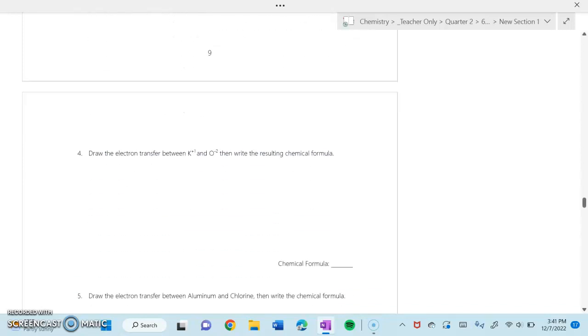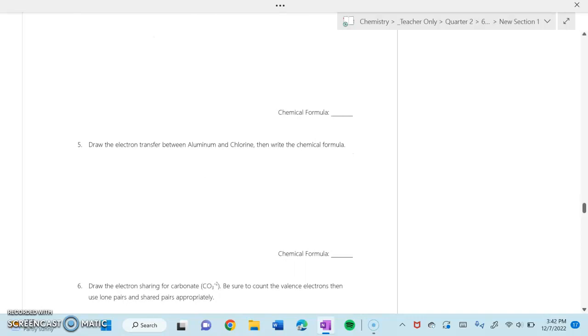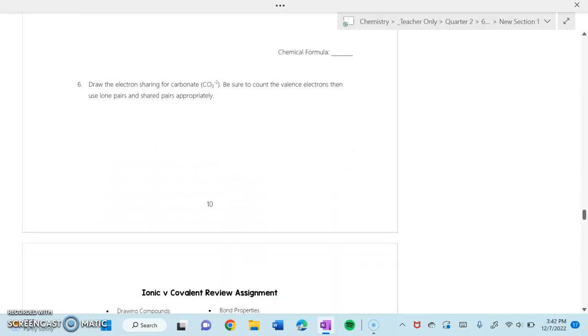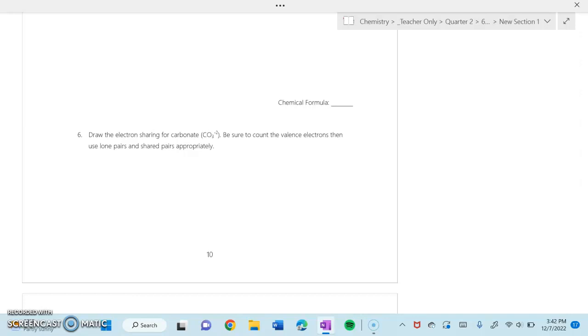We have another electron transfer, and then sharing. And don't forget, when we have a negative charge here in our polyatomic ion, those are extra electrons when you're doing your count. So if we were to count our valence electrons, kind of like we did in the previous problem, there's 3 of these.